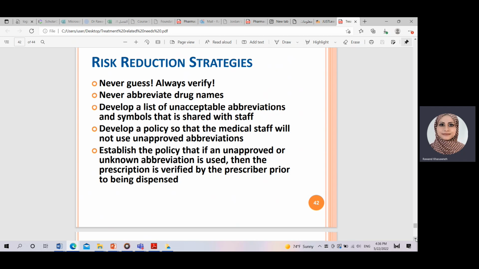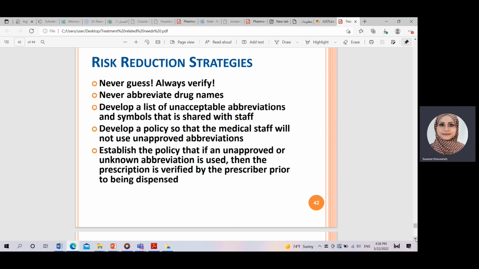Besides, we can develop a policy so that the medical staff will not use unapproved abbreviations. It's also advised to establish the policy that if an unapproved or unknown abbreviation is used, then the prescription must be verified by the prescriber before dispensing.